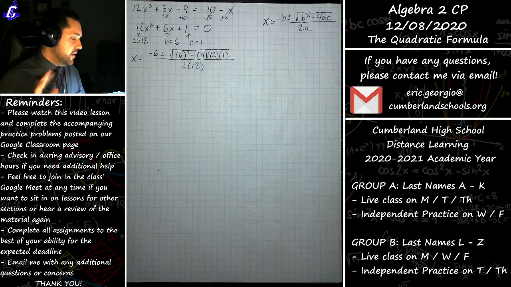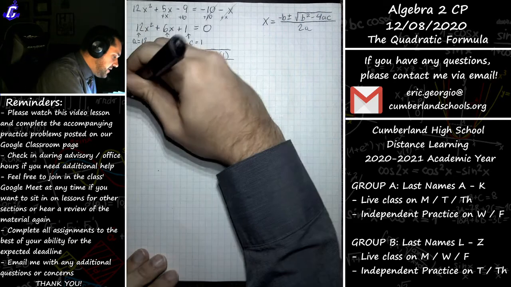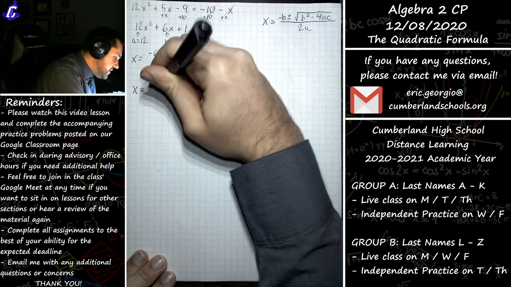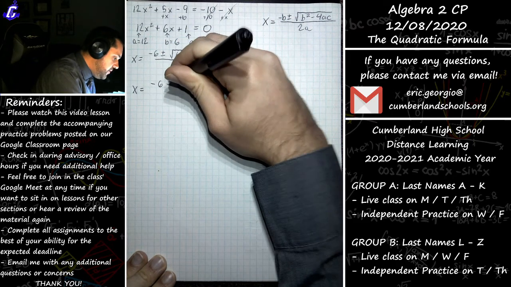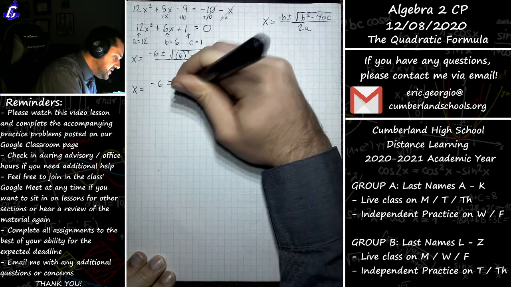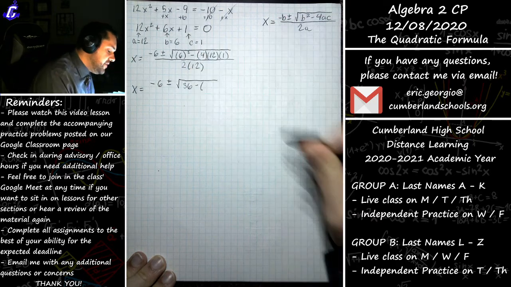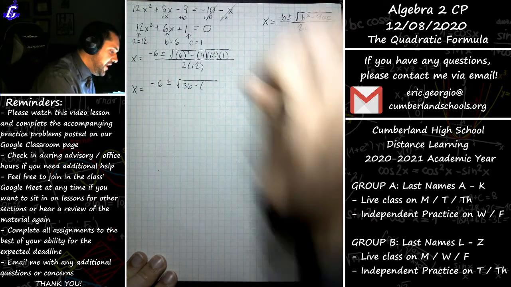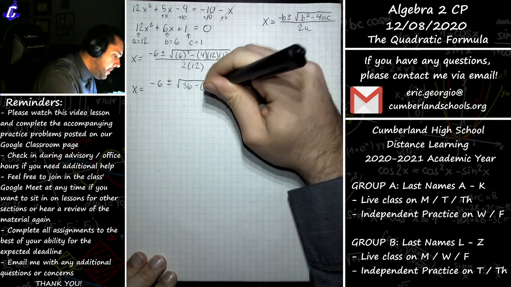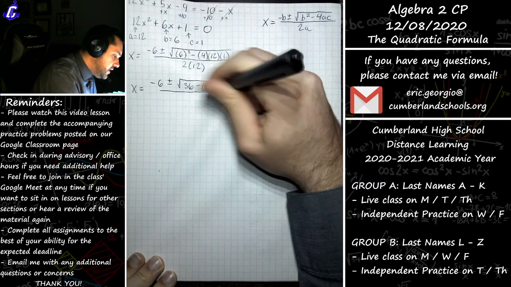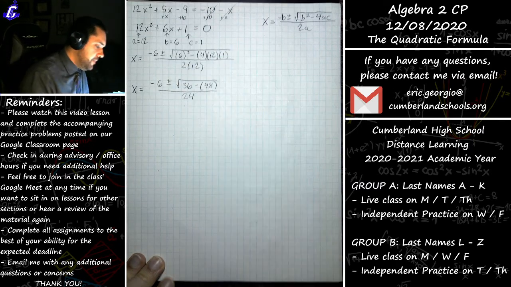Hopefully that's good. Let's see what we get. I get x equals negative 6 plus or minus the square root of 6 squared is 36. Minus this product, 4 times 12 is 48 times 1 is still 48. All over 2 times 12, which is 24.